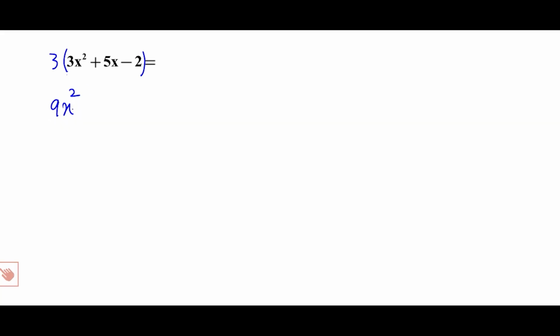So we have 9x squared plus 15x minus 6. And we proceed just like in the previous examples. Now we know the square root of 9x squared is 3x. So the common term is 3x.